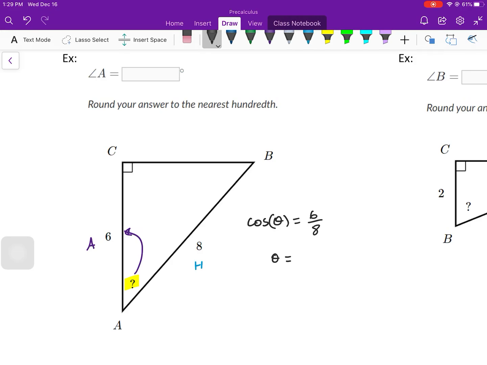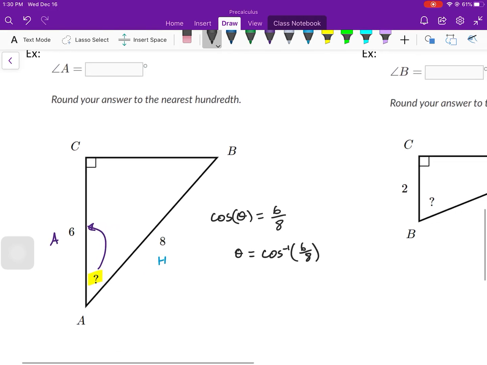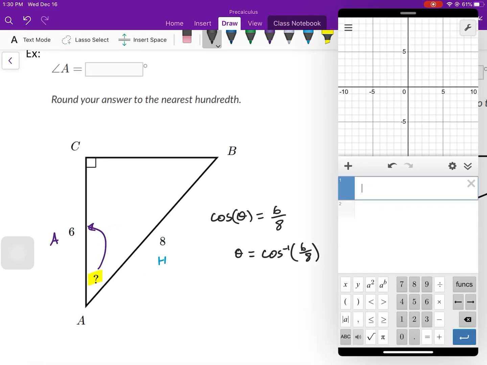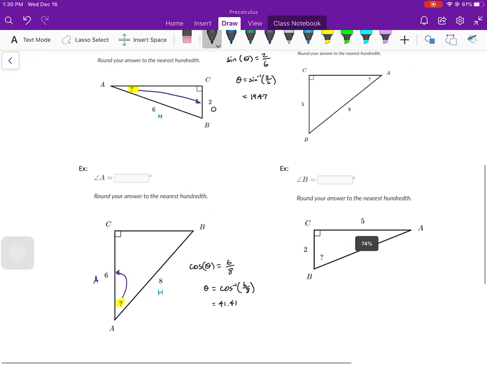So then to get theta by itself, we'll do the inverse of cosine. To get 41.409, which we'll just round that 9 up because it's to the nearest hundredth, and get 41.41.